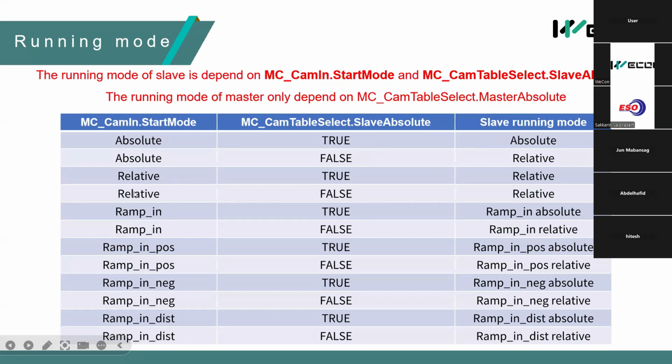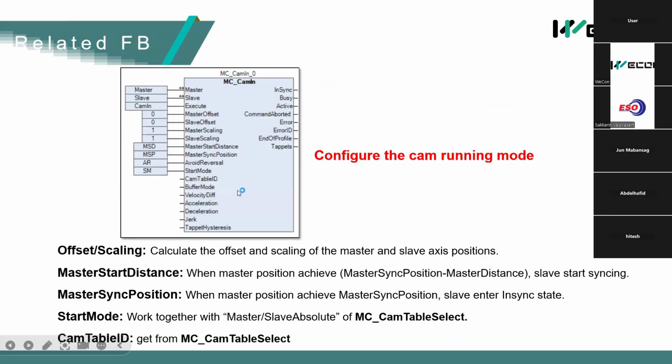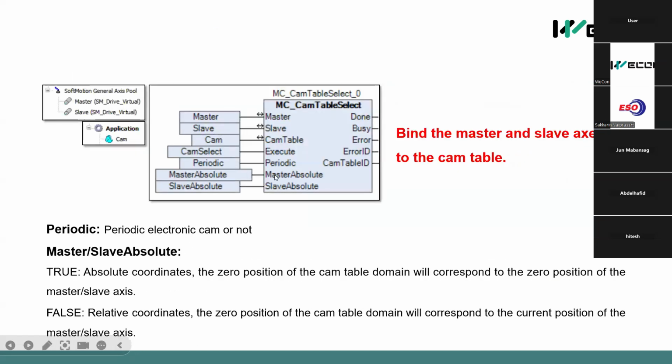And also, for example, if you set the start mode as relative and set the slave absolute as false, then the running status of the slave will be relative. So what about the master running mode? The master running mode only depends on this parameter, master absolute, this parameter in MC cam table select.